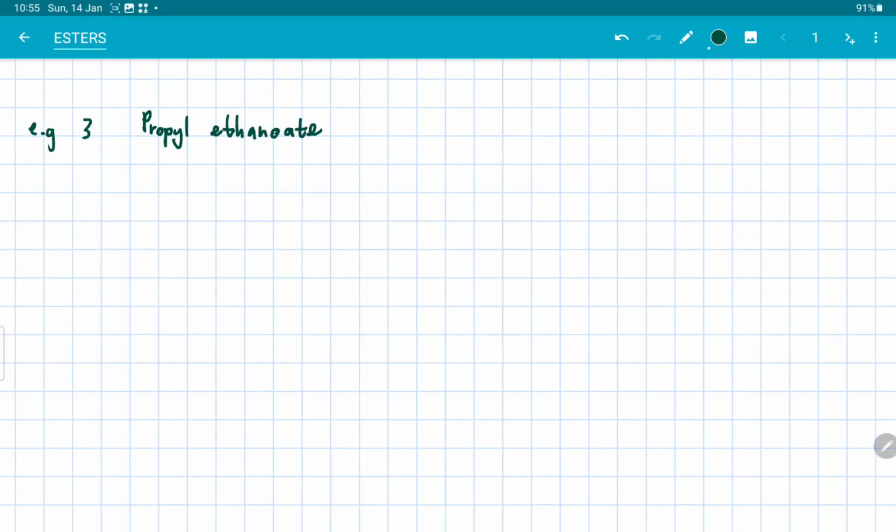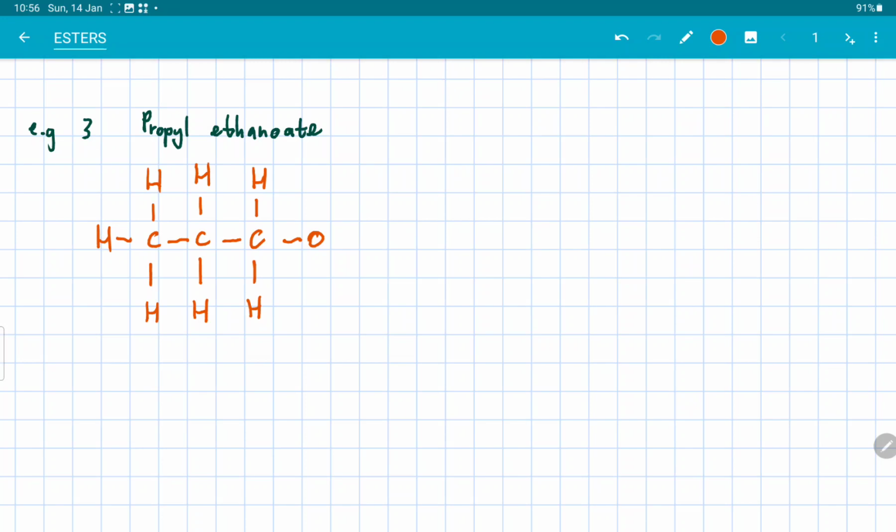See, remember, we have a part that was previously an alcohol. Propanol. So propanol is over. This is the part that was previously the alcohol, the part that is broken off from the alcohol.